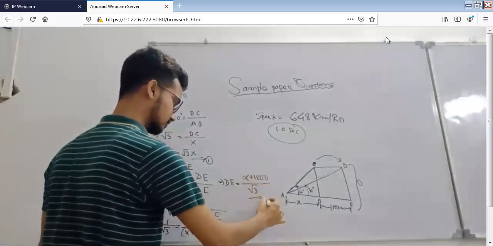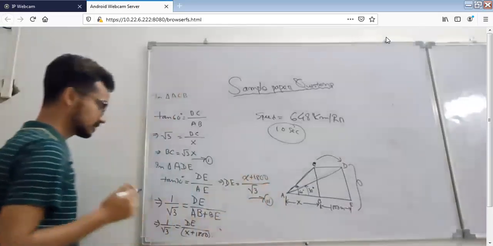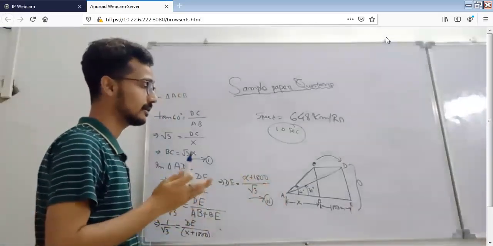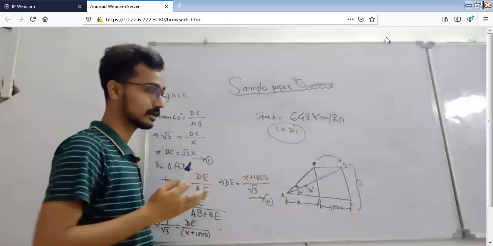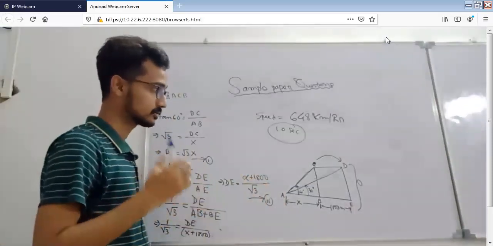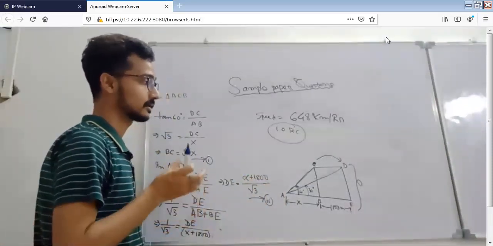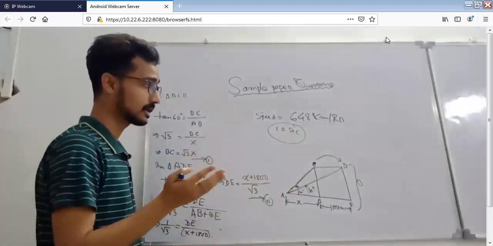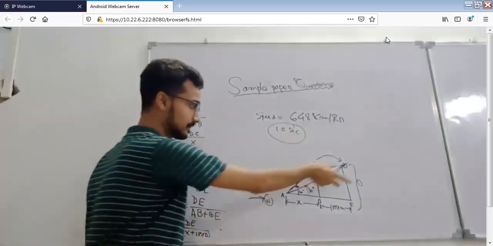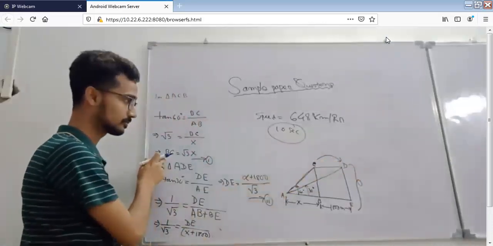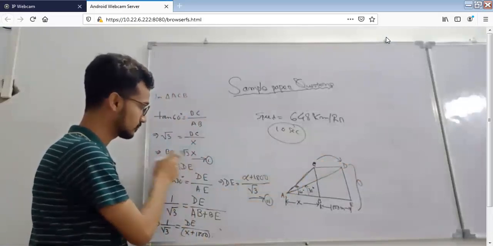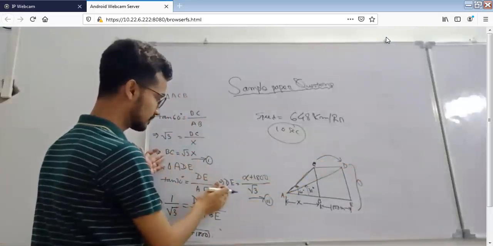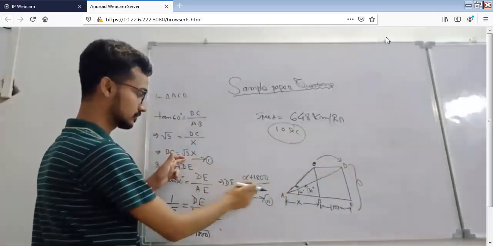Give number 2. Now see, in the question itself it is given that you have to find the constant height at which the jet fighter is flying from the ground. Yes or no? That means the question itself says that the height is constant, the height at which the jet fighter is flying. That means CB and DE are equal. Now see, from 1 and 2, if BC and DE are equal, that means if your left hand side and left hand side are equal, then we can equate right hand side equal to right hand side.